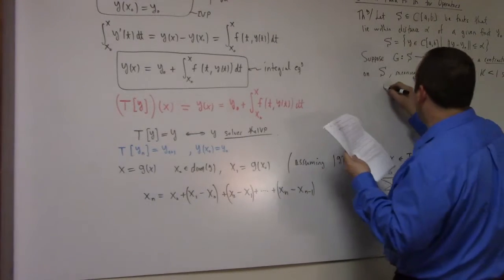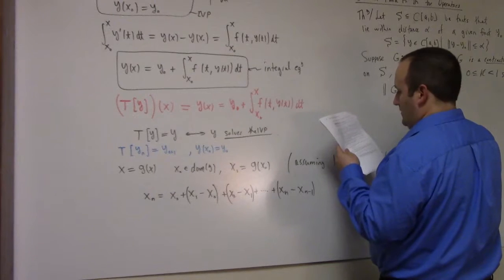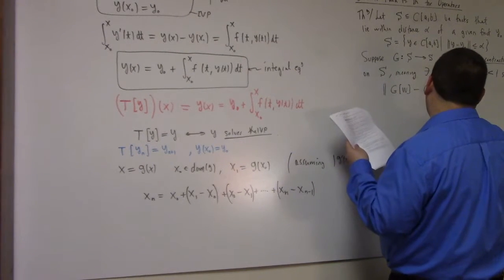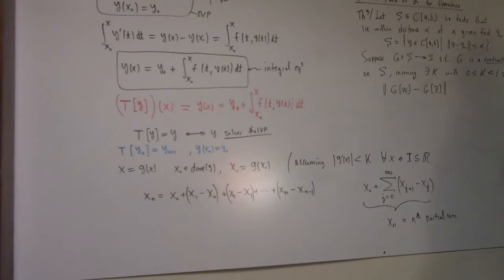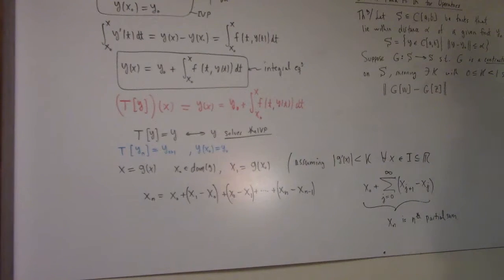the norm of G of W minus, by the way, these square brackets are customary. People like to write square brackets for operators to remind the students that it's not a function, it's an operator, because it's taking in a function, so we use square brackets to denote it's an operator.